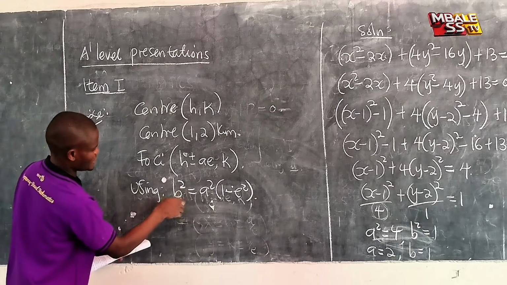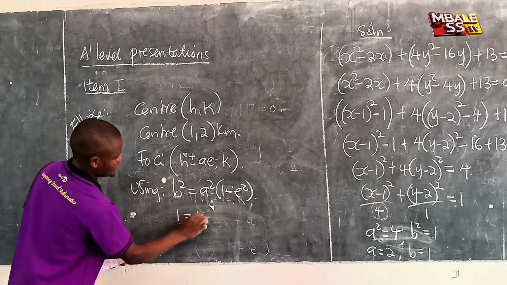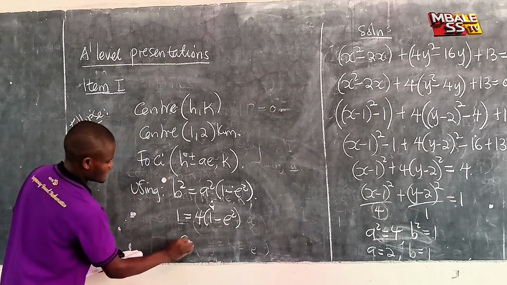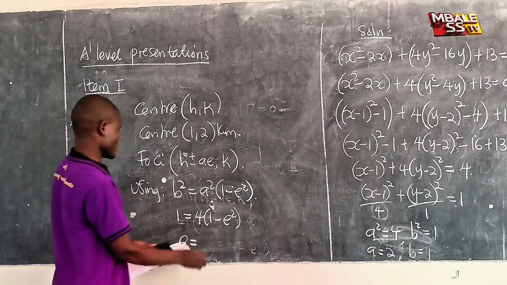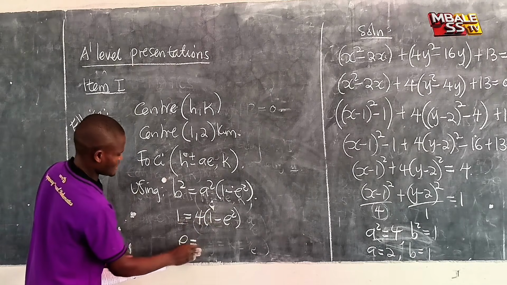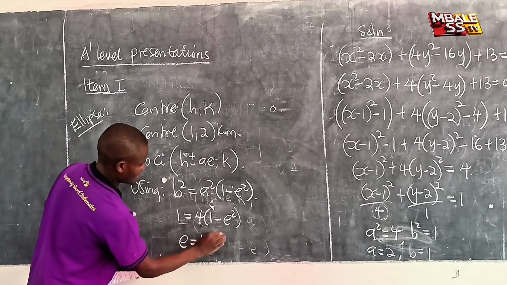So when I put here b squared, I get 1 equals a squared, which is 4, times (1 minus e squared). So the eccentricity e can now be generated from here: we divide by 4, so it is 1 minus a quarter.